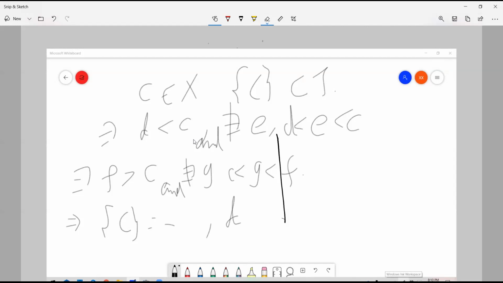This point C is equal to from D to plus infinity, intersect with from minus infinity to F, right? Or you can write it as D comma F. Yeah, I think this might be easier. It's actually equal to D comma F. Is that clear?